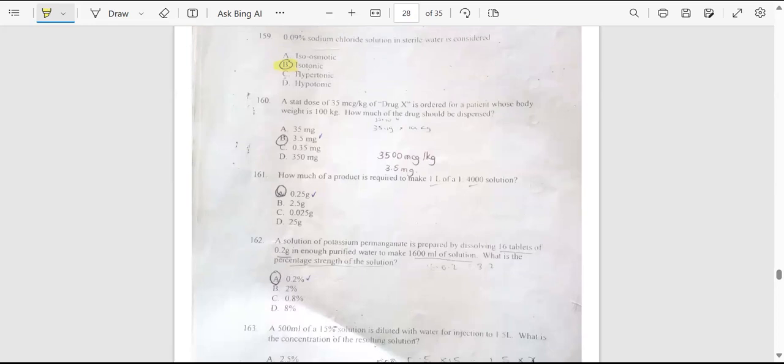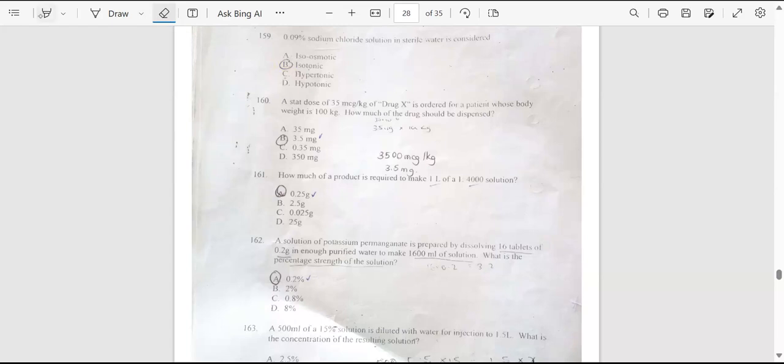Just a question. Is that meant to be 0.9 or 0.09? Because if it's 0.09, wouldn't it be hypotonic? Isotonic is 0.9. Unless the question had a mistake.